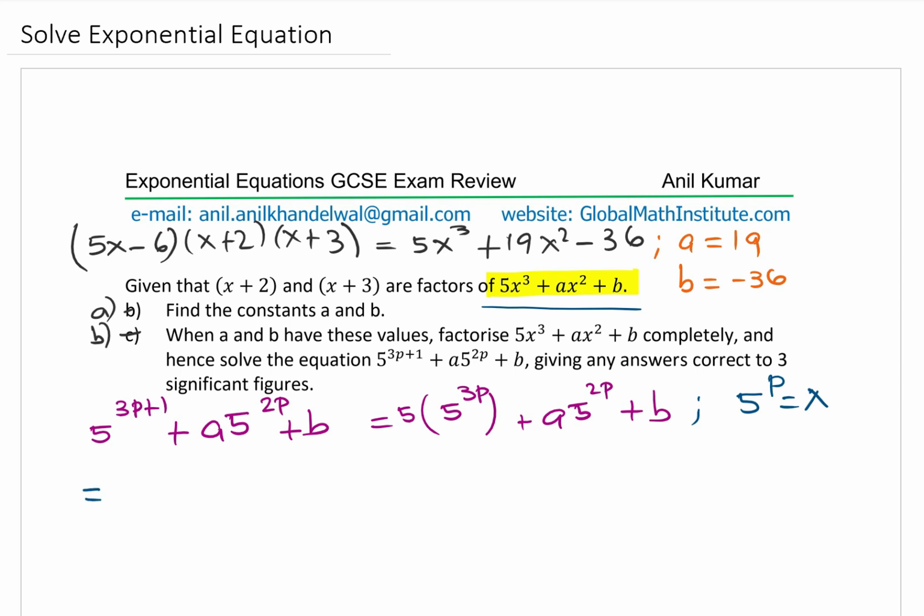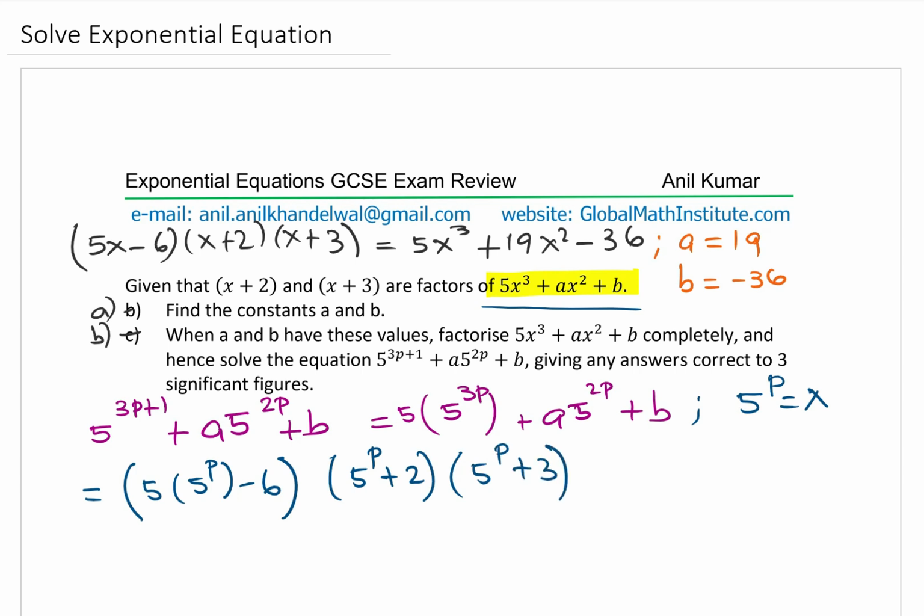And that means we could write this as, instead of x, 5 to the power of p. So we have 5 times 5 to the power of p minus 6 as my first factor, 5 to the power of p plus 2 as my second factor, and 5 to the power of p plus 3 as my third factor. You get the idea. So these are the three factors.